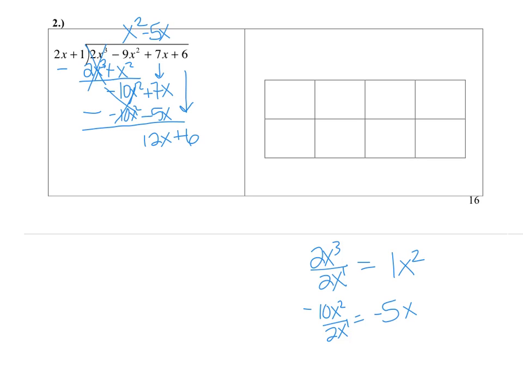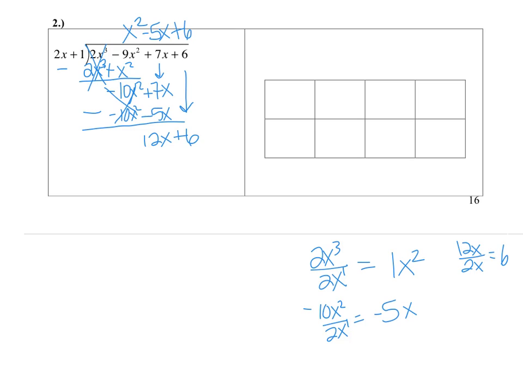So now I'm thinking, alright, what is 12x divided by 2x? And so 12 divided by 2 gives you 6. x divided by x is 1. So it's just 6, so I put plus 6 up top.